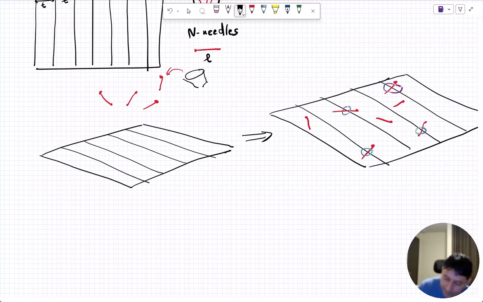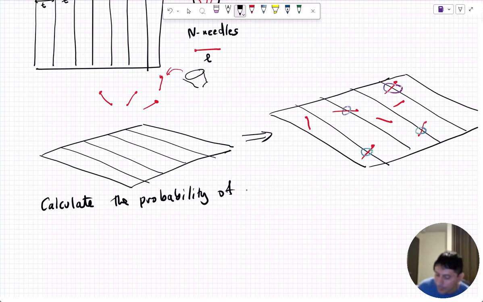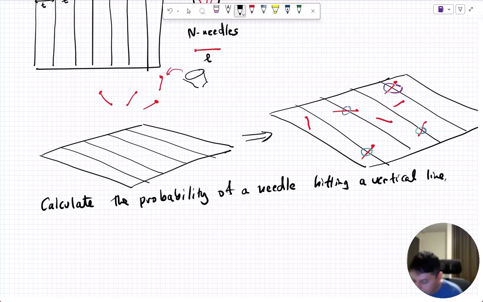So in our example, there are 4 needles that hit, right?